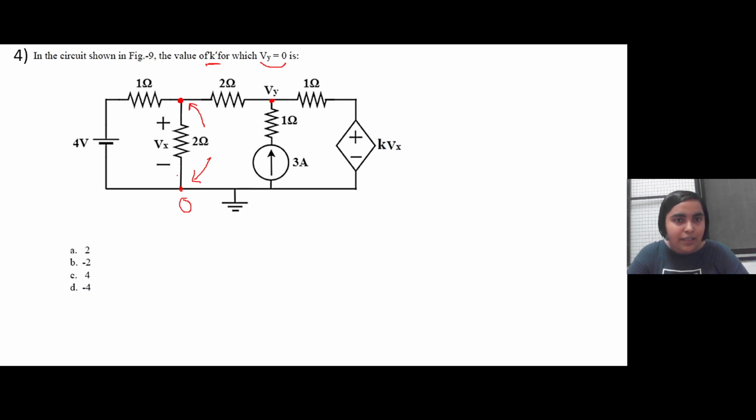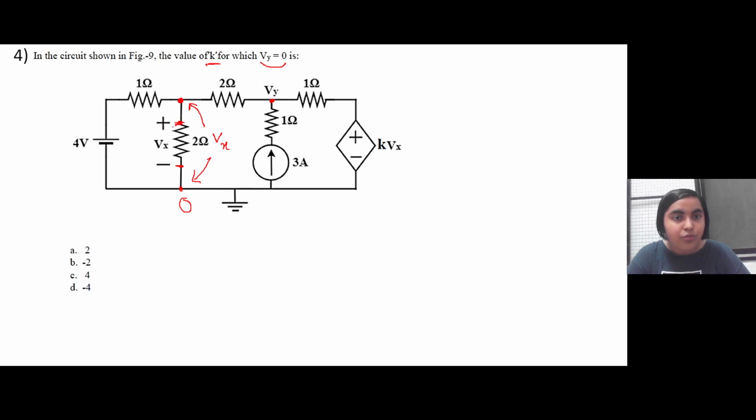Is there any other element connected here and here? No, it is not, right? So this entire voltage will be equal to the voltage drop across this resistor. A 2 ohm resistor is connected in between them, and the voltage across this resistor is given, right?